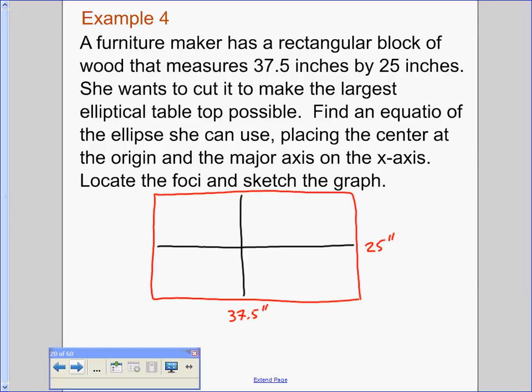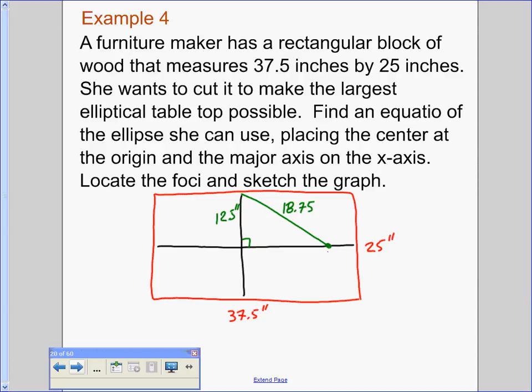Now, from there, we can think about a triangle. So if we make our triangle here, then if we think about this vertical distance being the 25 inches, and we cut that in half, we get 12.5. So this right here can be 12.5 inches. And then our hypotenuse is going to be half of our 37.5, which is going to be 18.75.